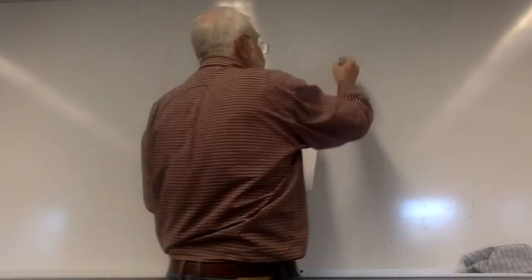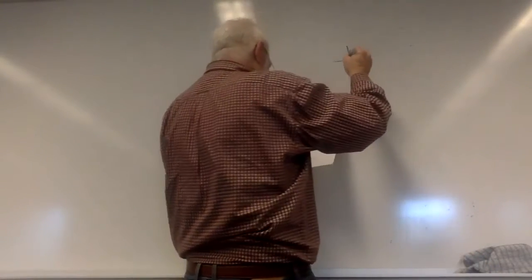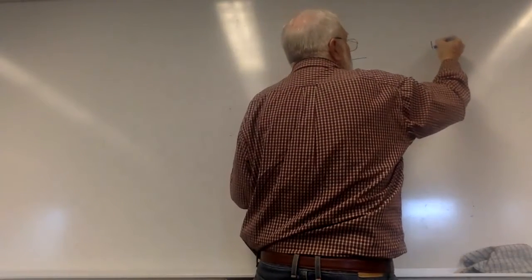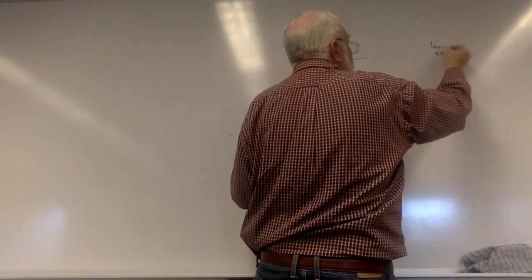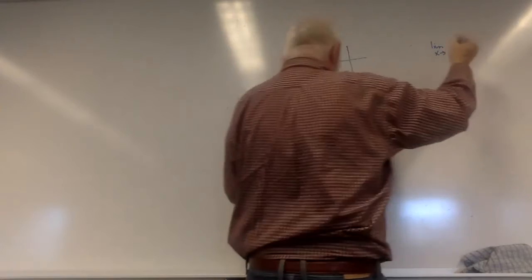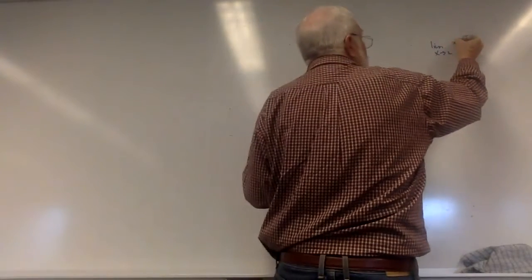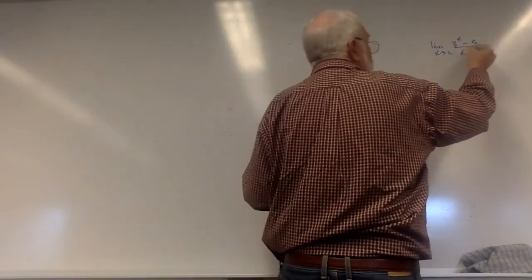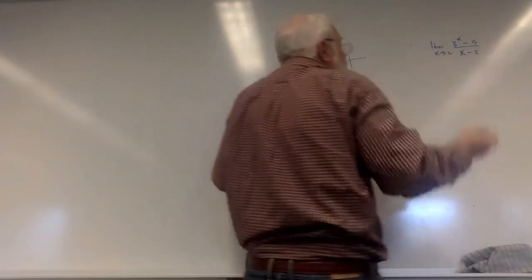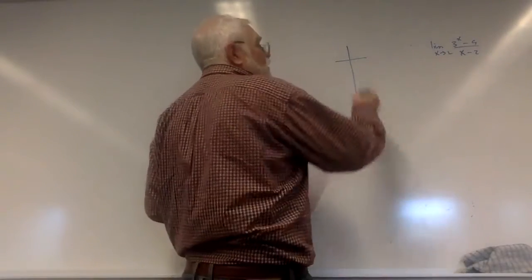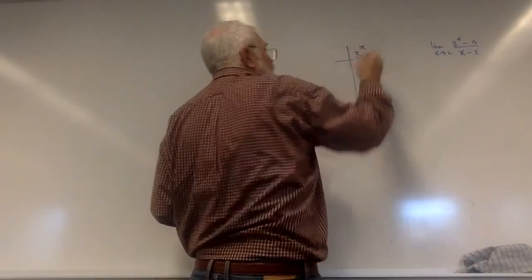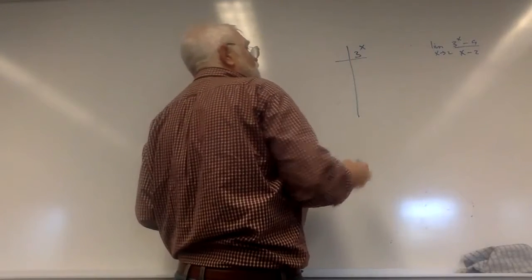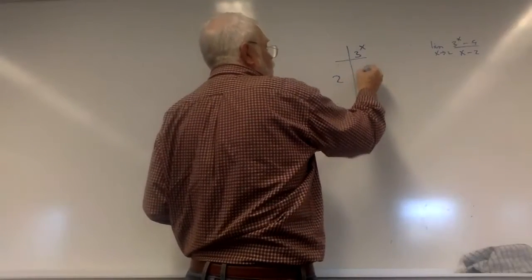Okay, limit as x goes to 2. So we've got the limit as x goes to 2 of (3 to the x minus 9) over (x minus 2). Now, you have to see this as a derivative. You have to try to see that we're looking at the function 3 to the x. 3 to the 2 is 9.